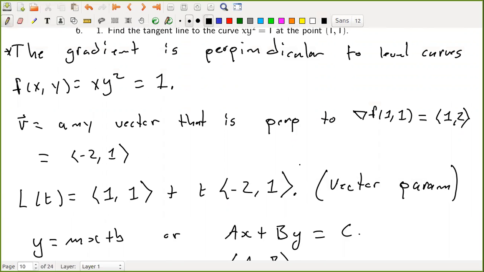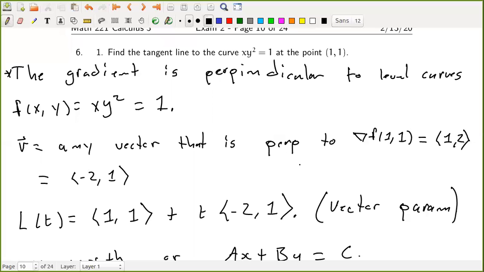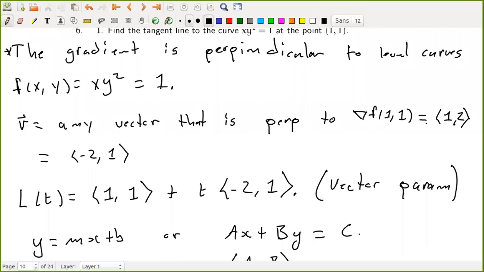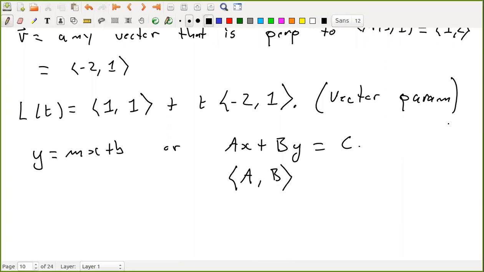Well, what's a vector that's perpendicular to the line? Let's come back up here to this observation. The gradient is perpendicular to level curves, meaning the gradient is perpendicular to the tangent lines. So we'll take the vector to be 1, 2. So for this particular problem, ab is equal to 1, 2, or any multiple of 1, 2. Then a normal equation for the tangent line would be x plus 2y is equal to c.